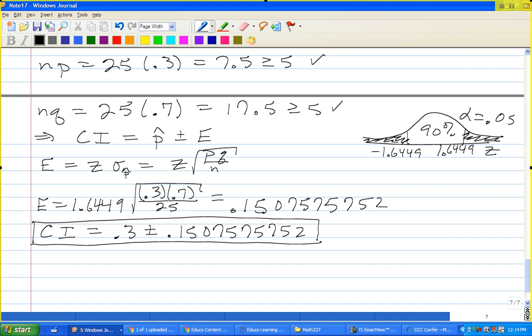Actually, this is small enough. Let's do this without doing that. So let's see my confidence interval. Let's write it where I add and subtract.